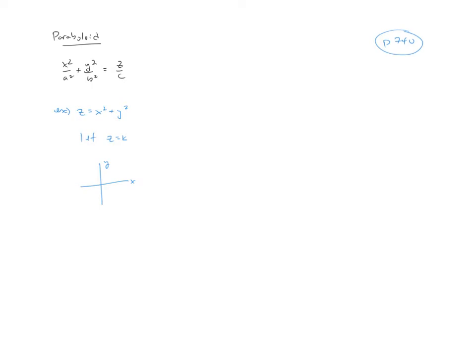I would have a point if z is 0, then a circle, a bigger circle, and a bigger circle, depending on what k was.